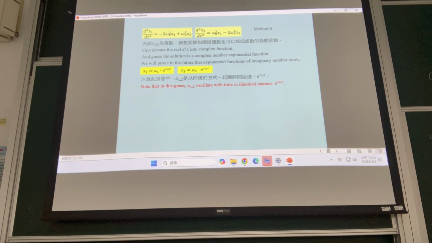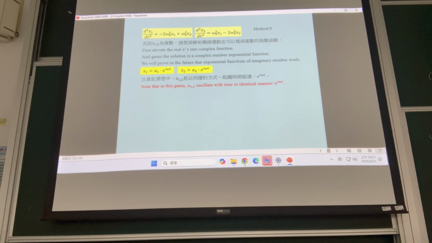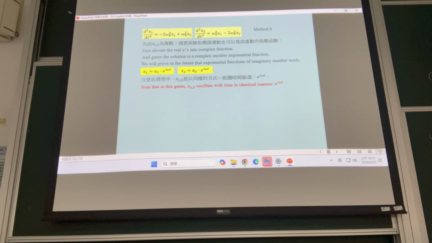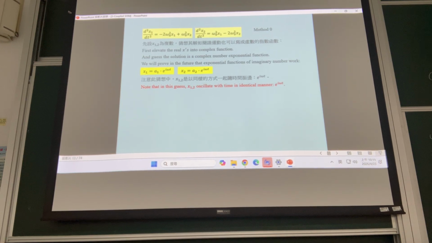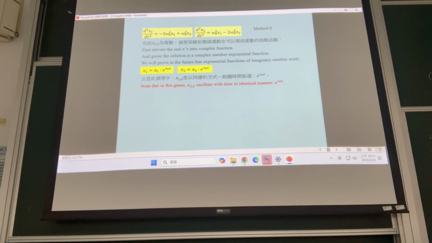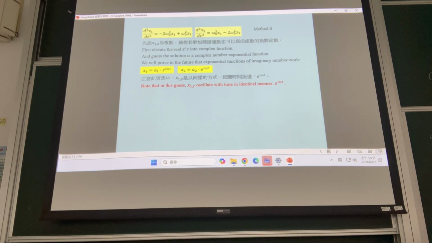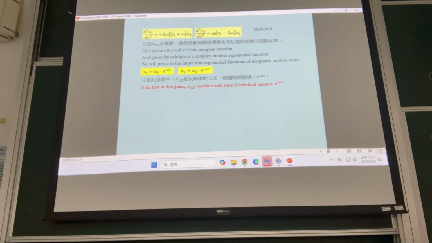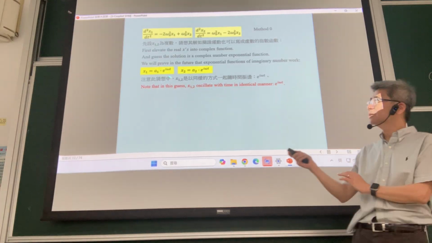But anyway, it's a guess. If it doesn't work, it doesn't work. So let's see if it works. This is a very good guess, called method zero. It is itself a guess, and whether it can be used we will only know after we do it.